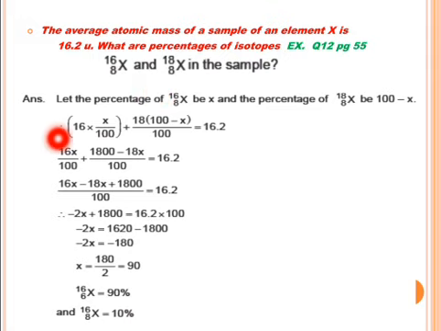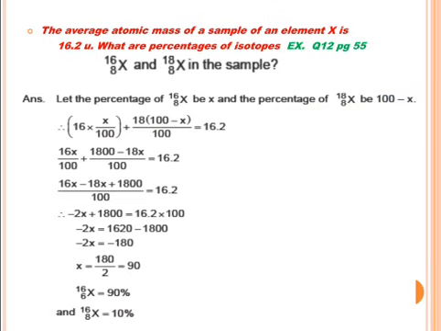For this, we have to assume the percentage of isotope X with atomic mass 16 as x and the percentage of the second isotope of element X with atomic mass 18 as 100 minus x. So the percentage of X16 is x and let the percentage of X18 be 100 minus x.